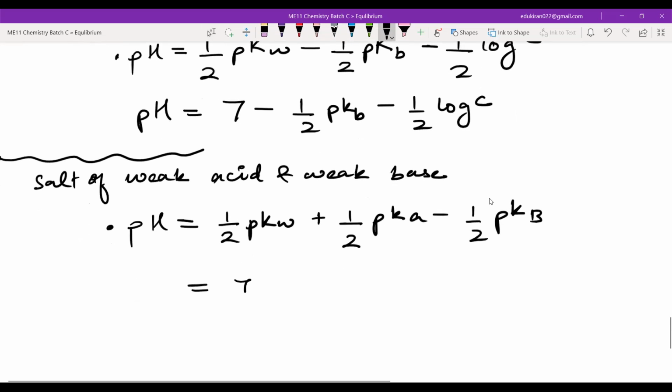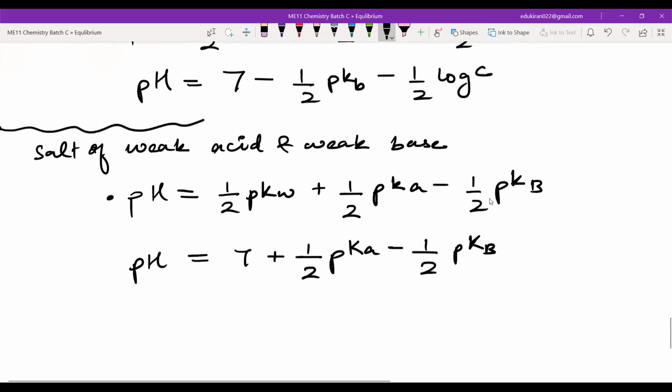So you will have 7 plus half of pKa minus half of pKb. This is the pH if we have a weak acid and weak base.